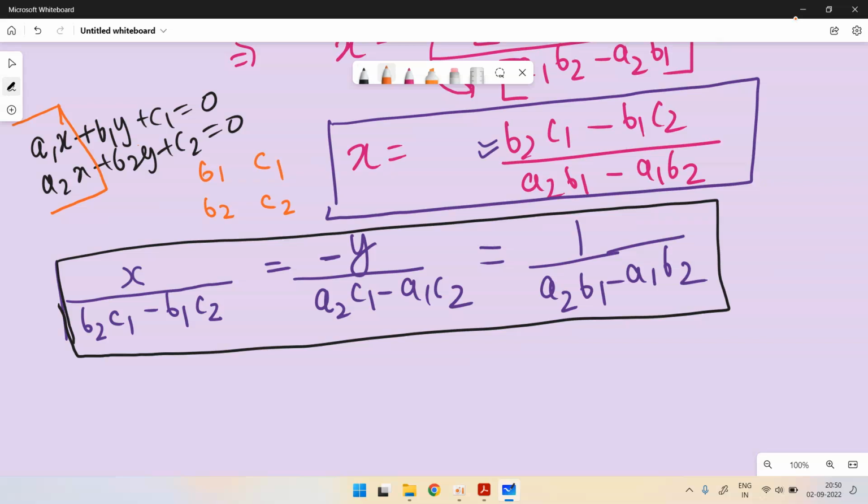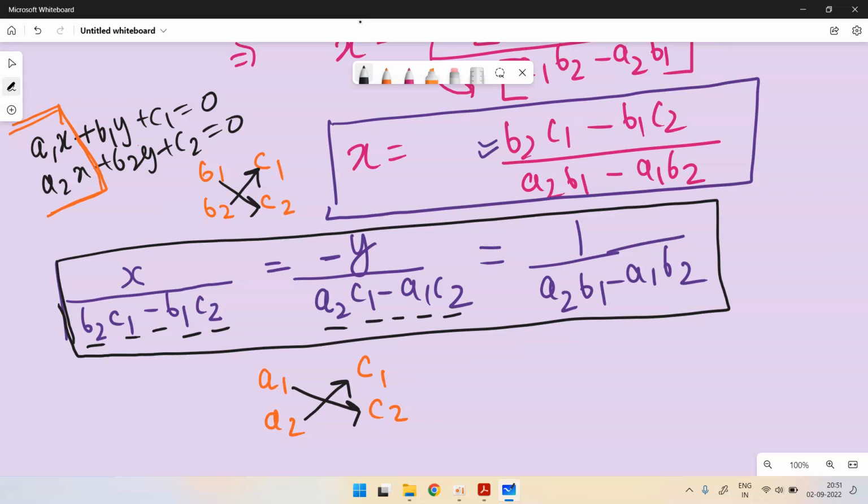For the x value I'm ignoring this whole thing, and this is b1 b2 c1 c2, so it is b2 c1 minus b1 c2. Now for the y part, forget the y term, and without y it can be written as a1 c1 a2 c2. Now again this is cross multiplication: a2 c1 minus a1 c2.